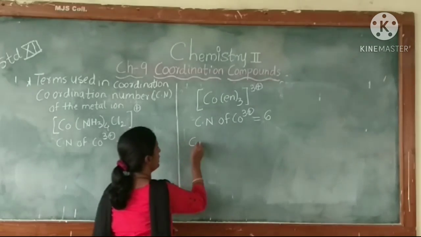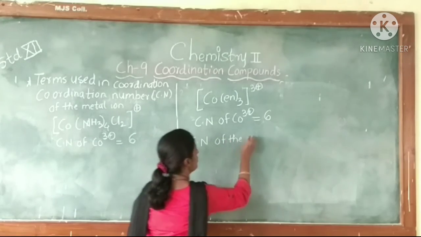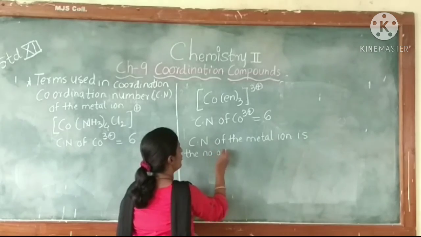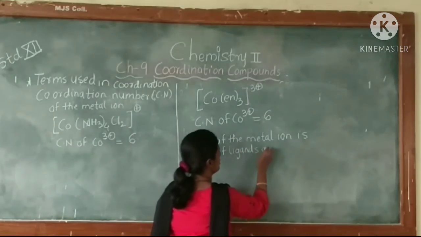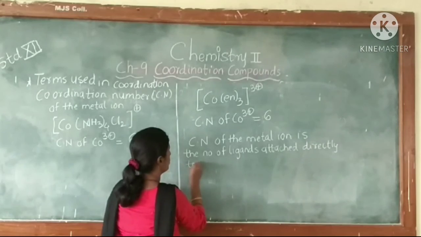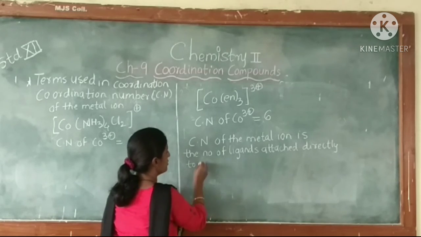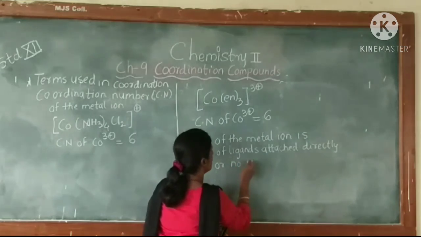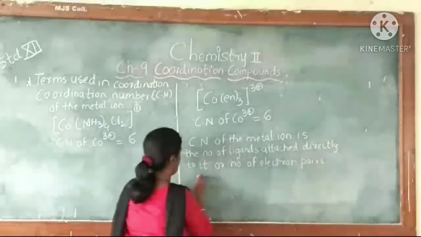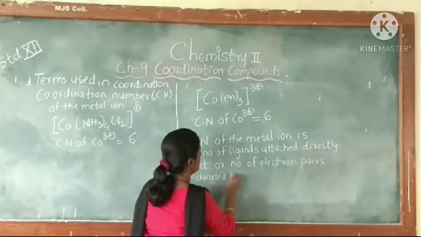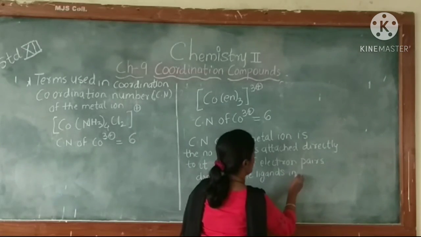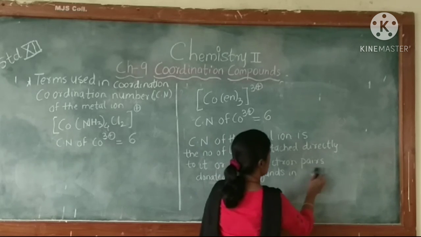So we have to remember that the coordination number of the metal ion is the number of ligands attached directly to the metal ion, or the number of electron pairs donated by the ligands in the complex formation.